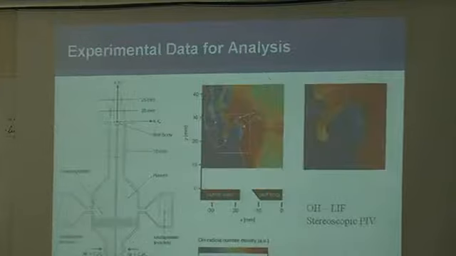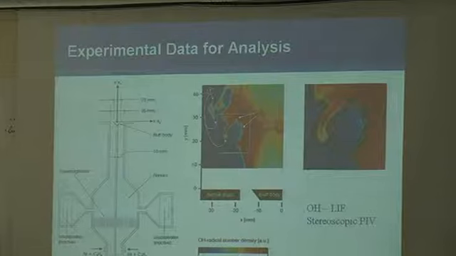Okay. So to have more confidence in our learning, we also did some experiments. The experimental burner is like this, a very simple burner, where you have premixed reactants going up, and the flames are stabilized here. There is a bluff body there, and then we do OH PLIF and stereoscopic PIV. OH PLIF will identify the flame contour or the flame surface, and the stereoscopic PIV will give the velocity vectors.